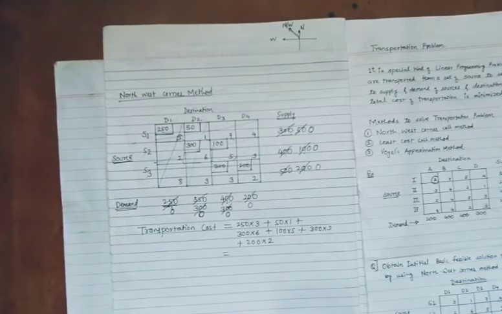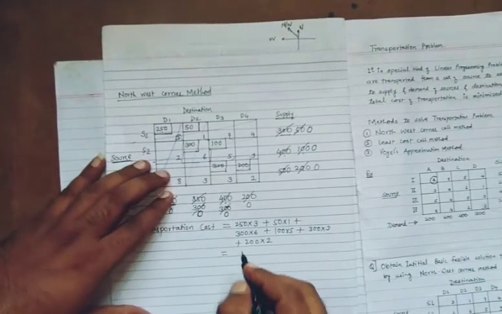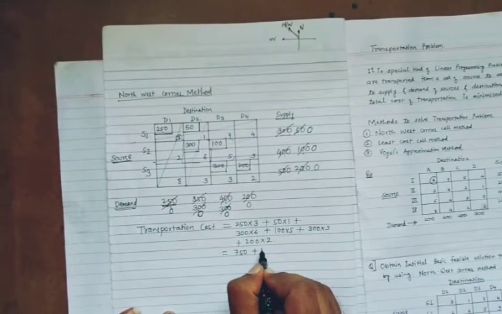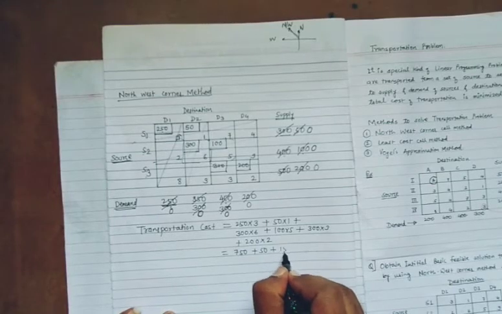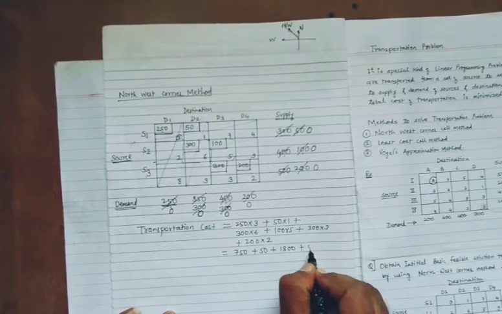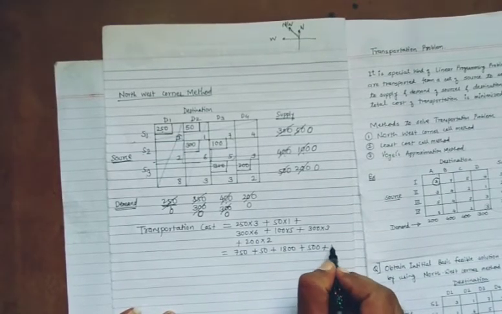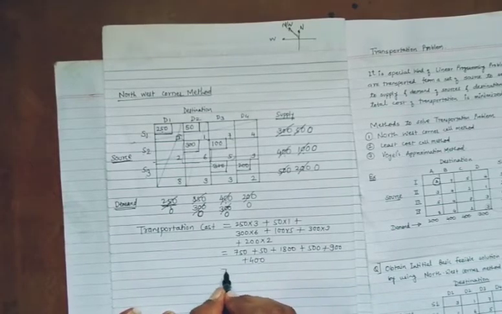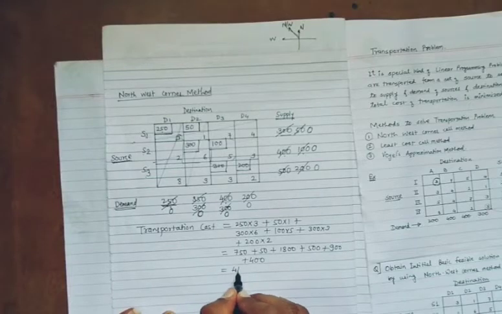So what will be the value? It will be 750 plus 50 plus 1800 plus 500 plus 900 plus 400. So it will become 4400.